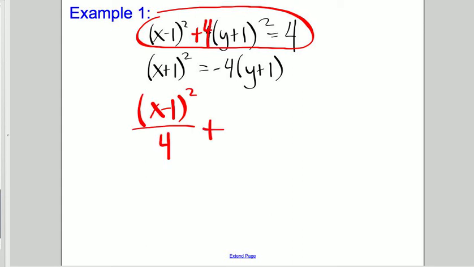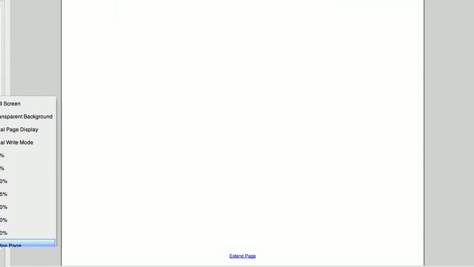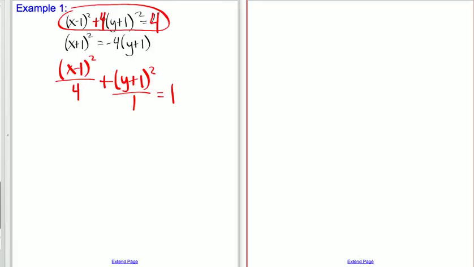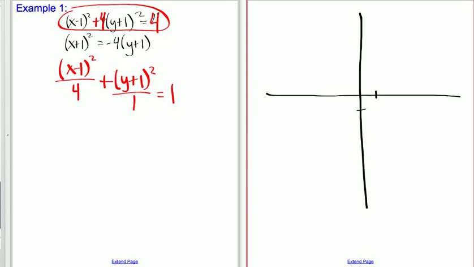That would end up canceling this 4. I'm going to get (y plus 1) squared over 1 equals 1. That was why I divided by 4, to make that form 1. So now I could graph this equation on another set of axes over here. I can make a sketch of this graph. So this is an ellipse that's centered at (1, -1).